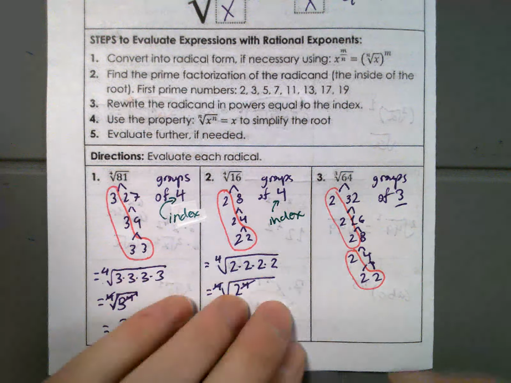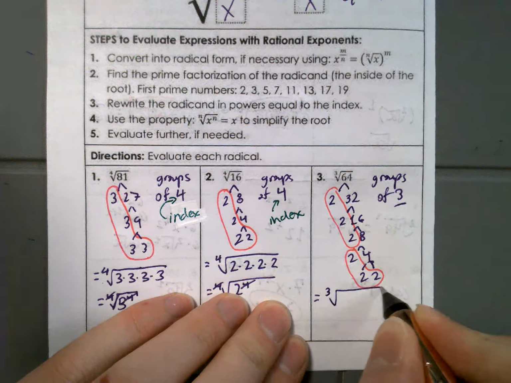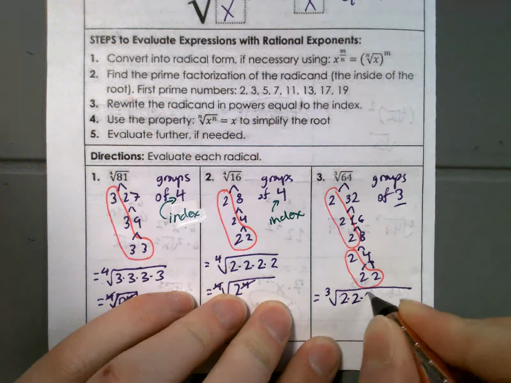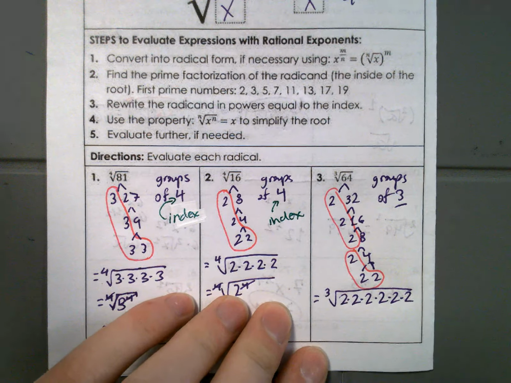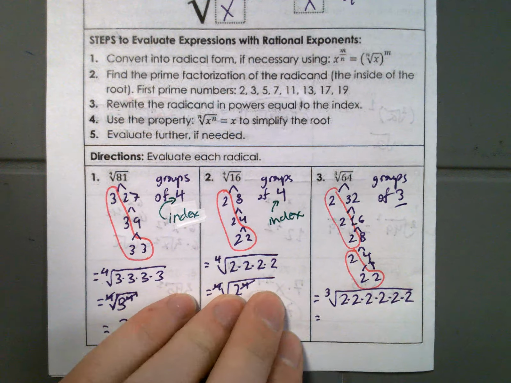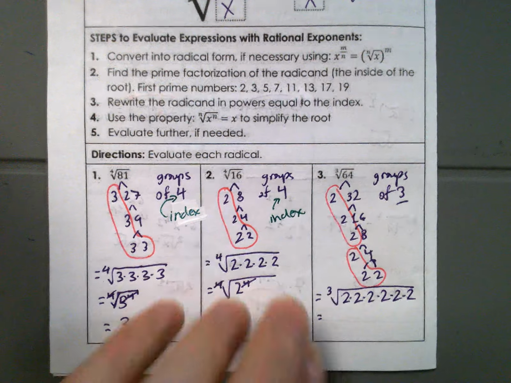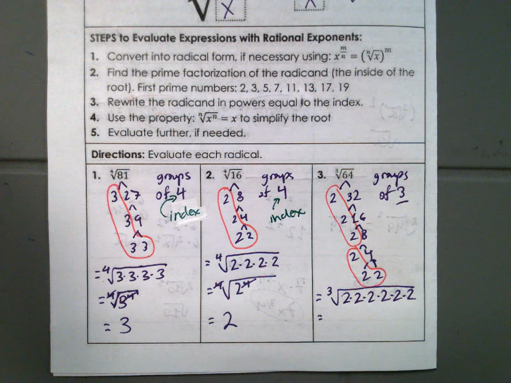Okay, that means that after all that, we're going to have the cube root of 2 times 2 times 2 times 2 times 2 times 2. Yep. However, something you should note. You can write the cube root of 2 to the 6th power. The problem is that doesn't cancel very pretty now, does it? No, it doesn't.